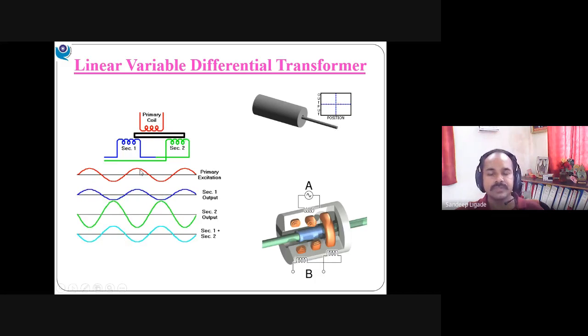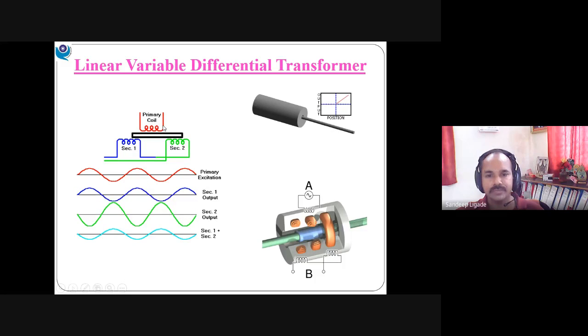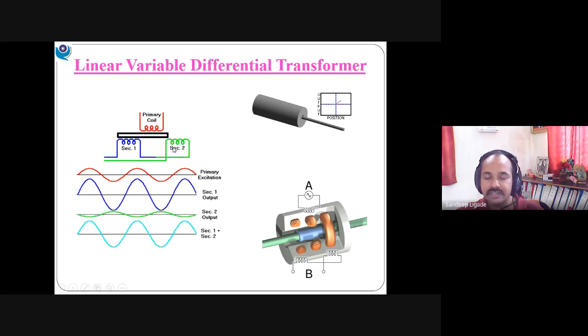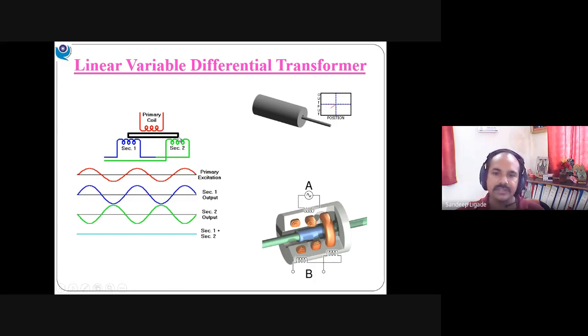Now, how it works: it is based on simple transformer action. When the core moves to the right hand side, the flux generated across the primary, the maximum flux, is linked to the secondary via the core. Hence the flux linkage at secondary 2 increases, and hence the voltage developed across secondary 2 also increases.